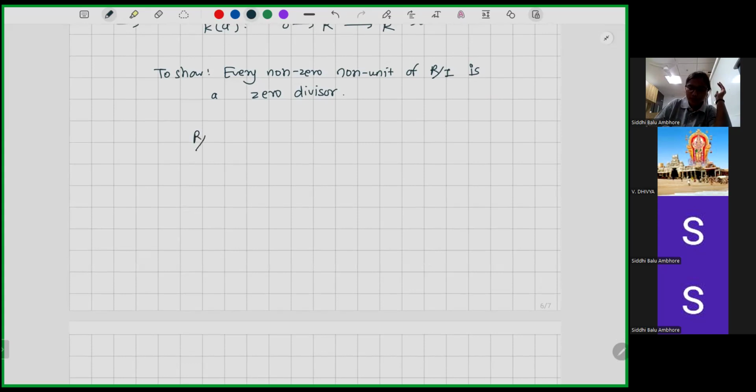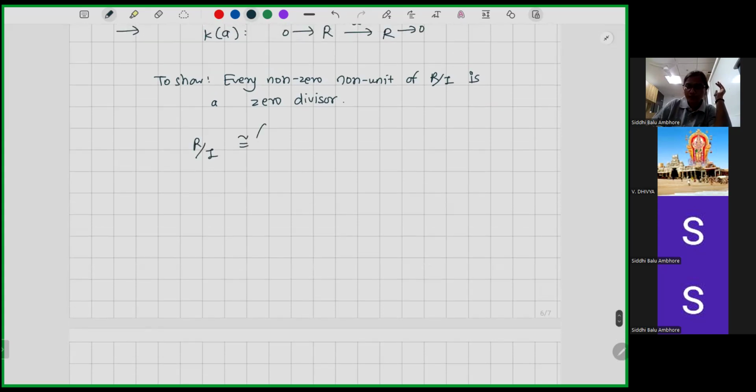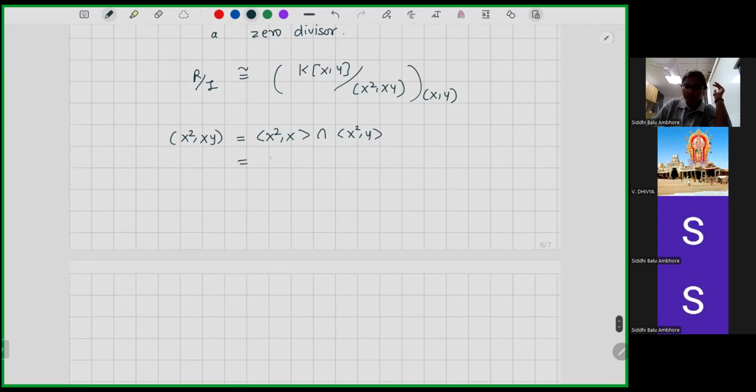This R mod I is isomorphic to k[x, y] quotiented by (x square, xy), localized at the ideal (x, y). Then (x square, xy) is (x square, x) intersection (x square, y), and this is just the ideal (x) intersection (x square, y), since we are in monomial ideals.